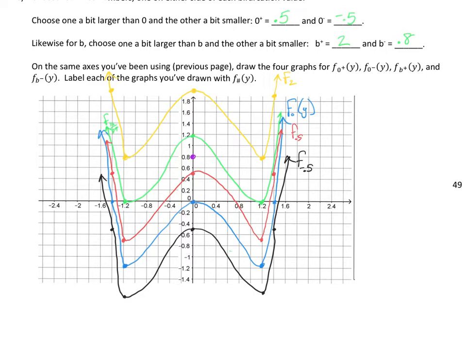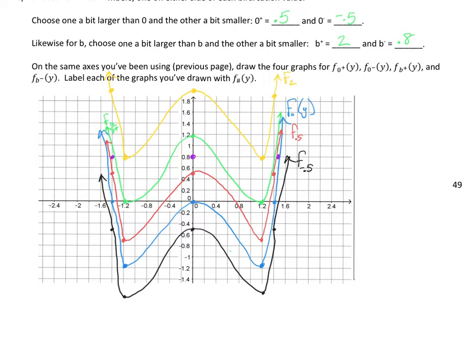Oh, that's not right. 1.4-ish to 0.8. There we go. Okay, and then negative 1.4-ish up to 0.8. Okay, so those are all my x-intercepts moved up.